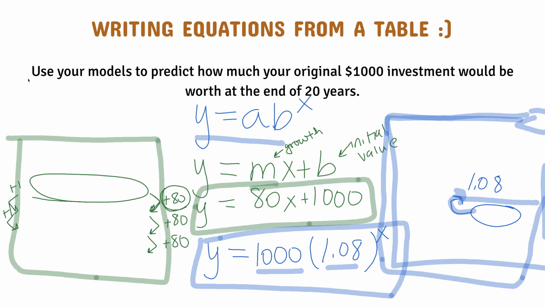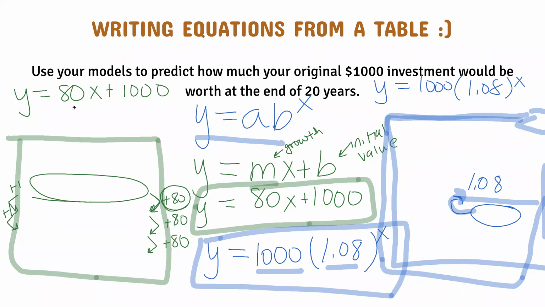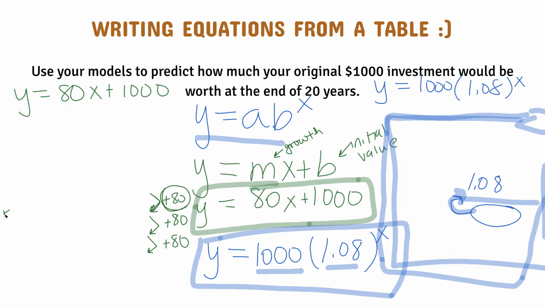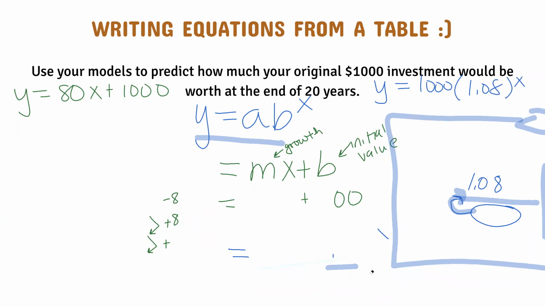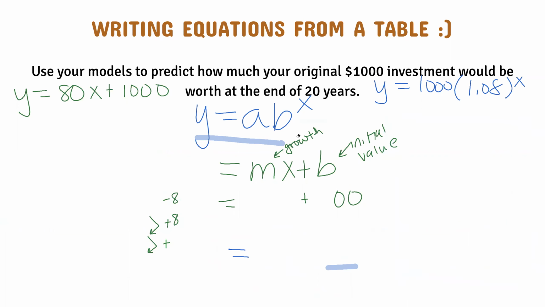I've got y is equal to 80x plus 1,000. And I have got y is equal to 1,000 times 1.08 to the x power. So this part is fairly simple. It's just some plugging in and calculator work.